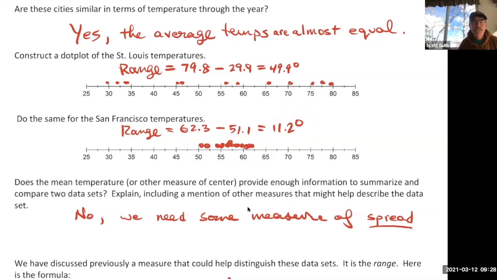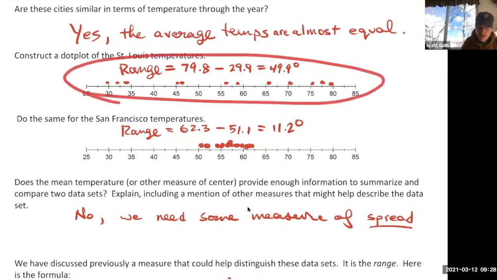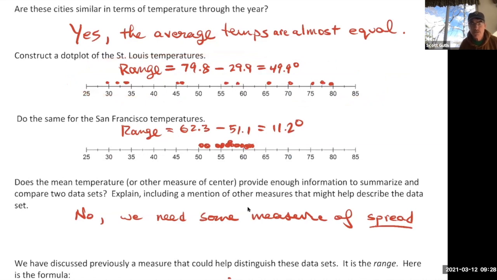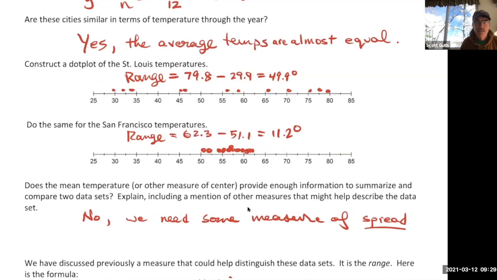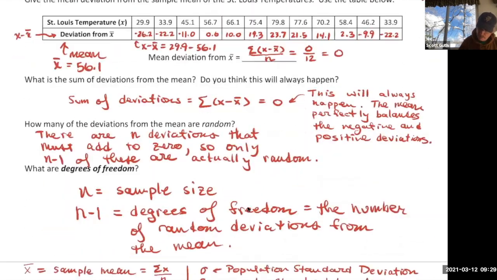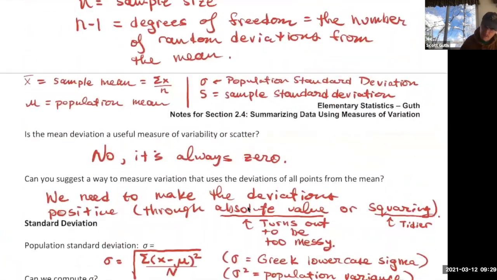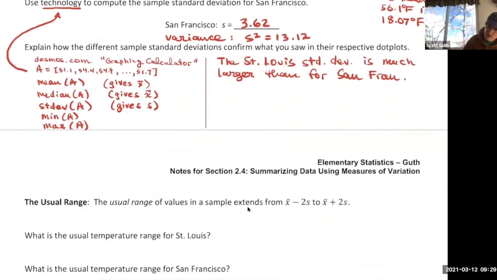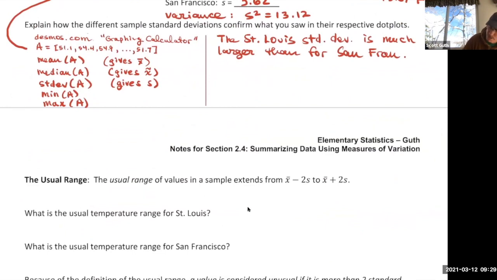So it makes sense that the average distance from the mean for St. Louis, that is, the standard deviation, is much bigger than the average distance from the mean for San Francisco. Again, that's the standard deviation. That totally makes sense. So going back to the answer we were putting in, the St. Louis standard deviation is much larger than for San Francisco.